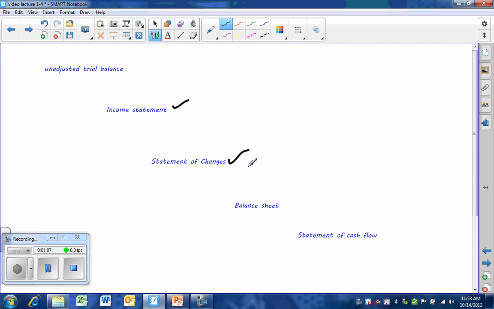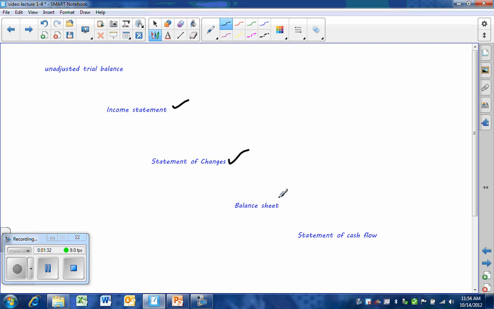This statement shows the effects of the results of operation, the sale or retirement of any paid-in capital, and what is called comprehensive income. Comprehensive income is something we'll discuss in just a little bit.